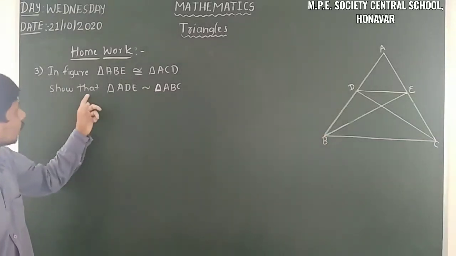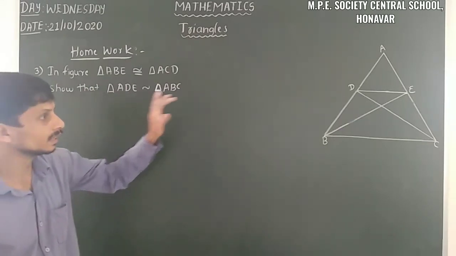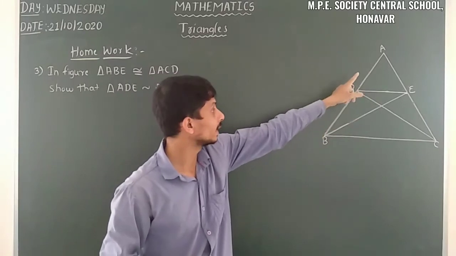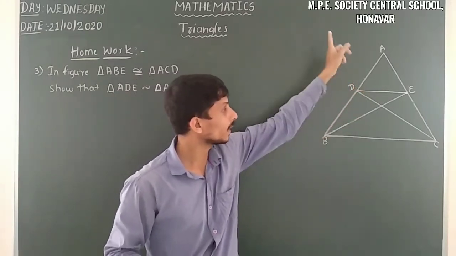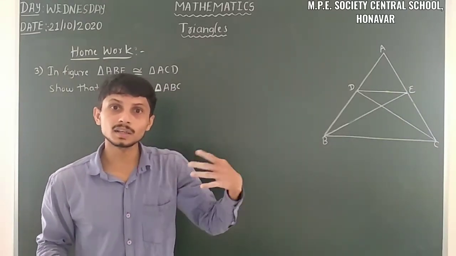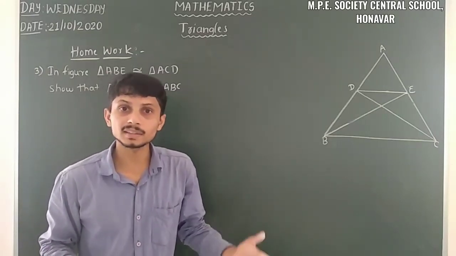Then we have to show that triangle ADE is similar to triangle ABC. ADE is similar to ABC means we have to prove that AD by AB is equal to AE by AC. We have to check what other angles are formed.